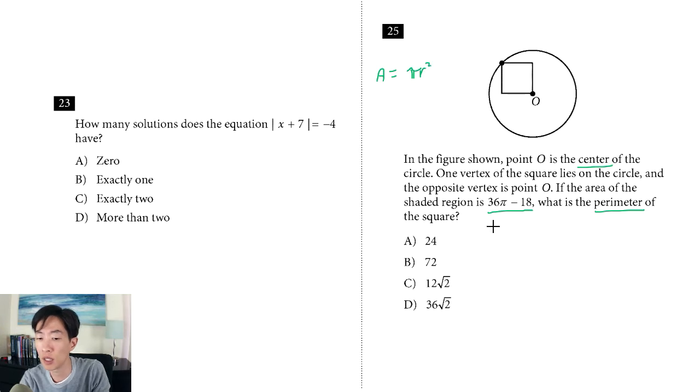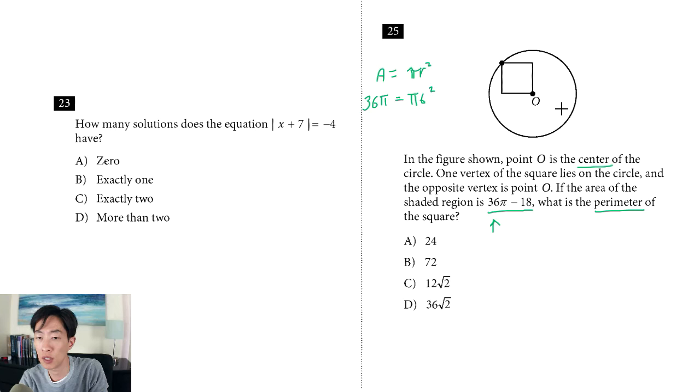So it's very convenient that 36 is a perfect square. Because if 36 pi is the area of the circle, that actually means that the radius is going to be 6, because 36 pi is the same as pi times 6 squared. So the radius of the circle is 6.